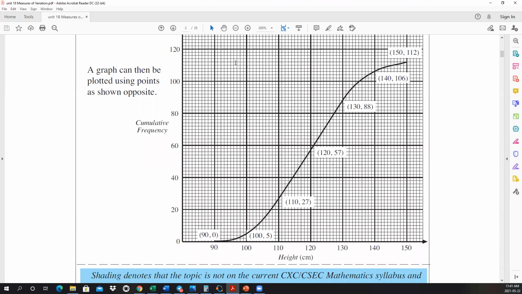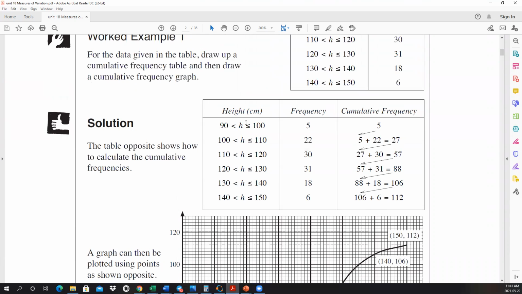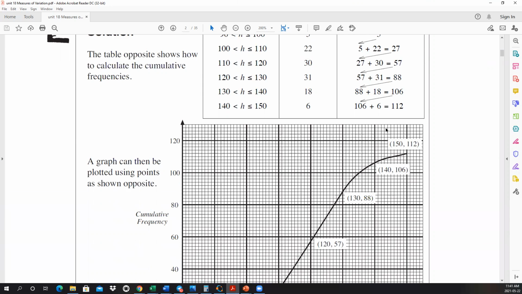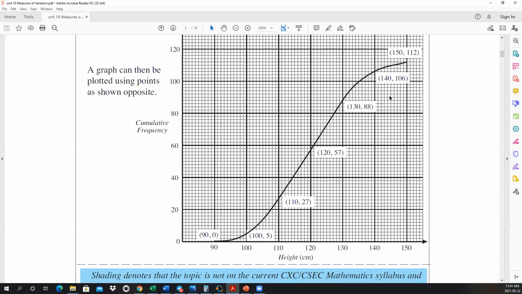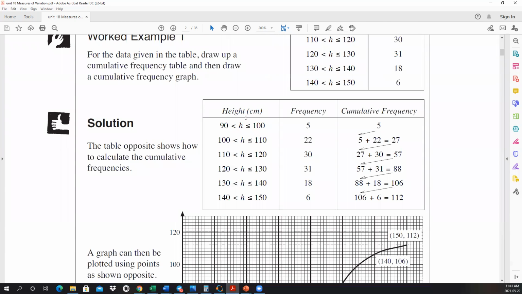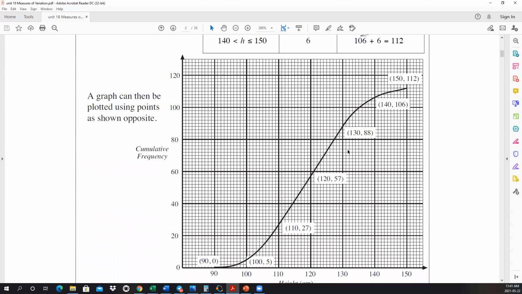So 90 being on the x-axis, so 90 and then 0. I said it wrong. 90 then 0, then 105, then 110, 27. See it's here, 110, 27.